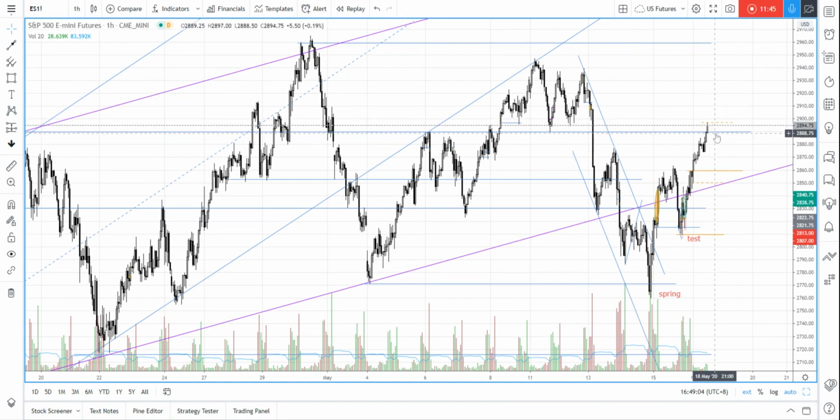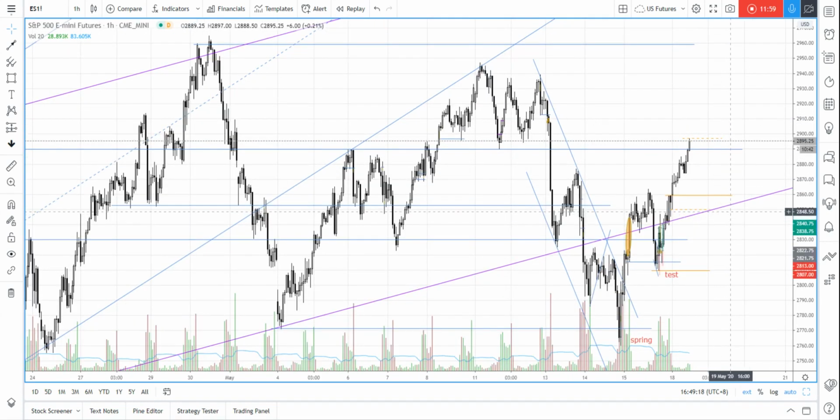For the immediate resistance, currently where we are right now, 2890 to 2910. And the immediate support level I'm looking at is definitely 2850 and 2840. So this 2840 to 2860 is the zone that I'm paying attention to.